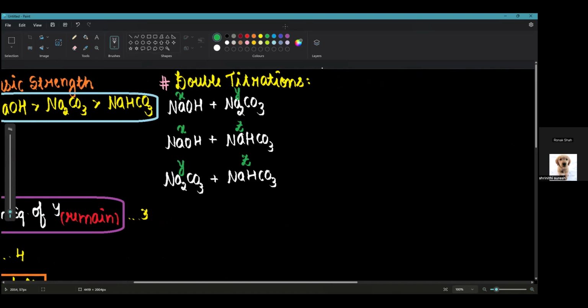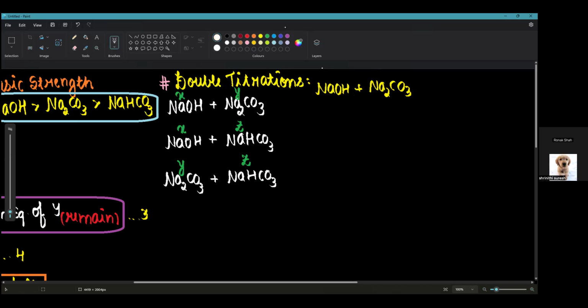So the first case is you are taking a mixture of NaOH and Na2CO3 and you are told to find the mass of NaOH and Na2CO3 in the mixture. Okay. Now, what happens? You are taking NaOH and Na2CO3 in a beaker and then you titrate it with HCl.